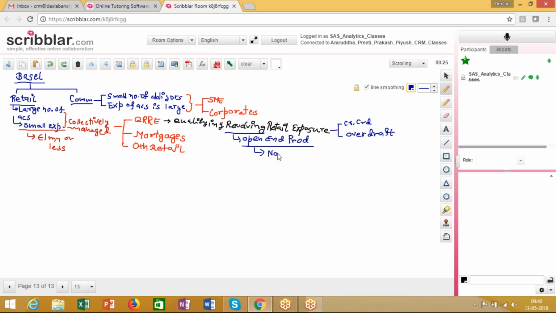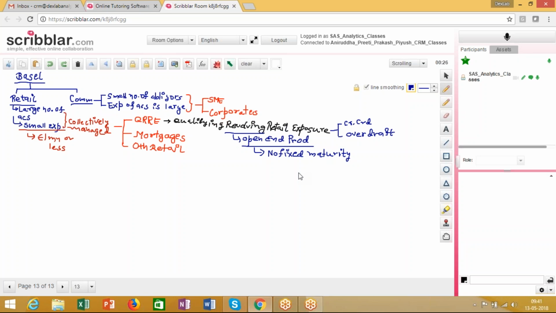Over here, the idea is there is no fixed maturity. Now, given that there is no fixed maturity, the person keeps on revolving on that balance.